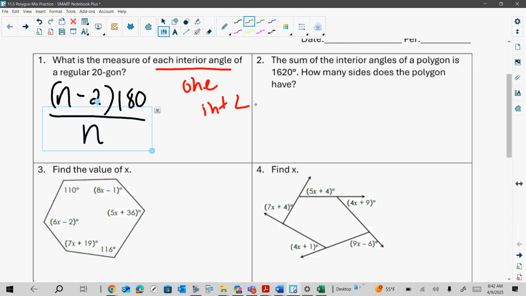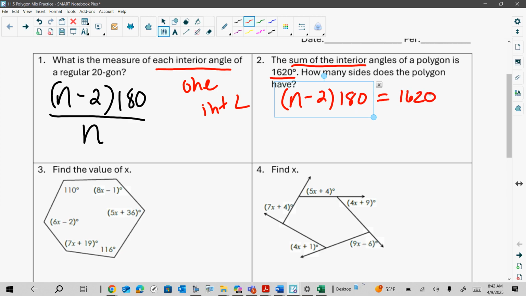On a problem like number 2, because they give you the sum of the interior angles being 1620, they want you to determine the number of sides. n minus 2 times 180 gives you the sum. Well, I know the sum equals 1620. So you're going to have to work backwards to solve this, meaning solving for n.